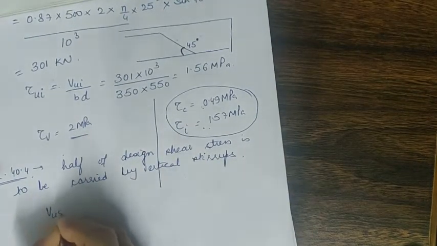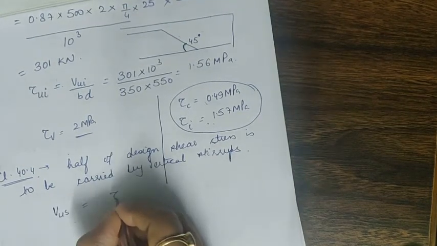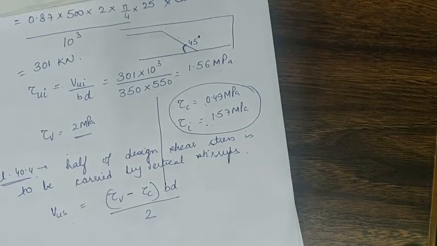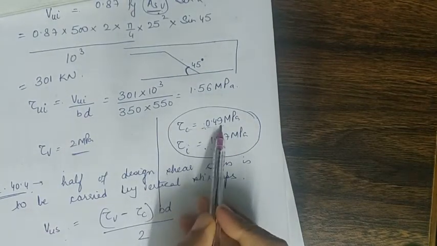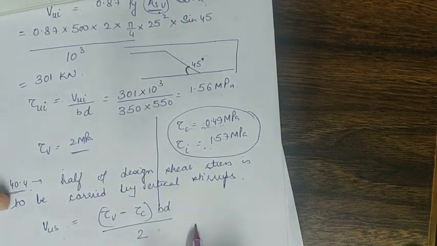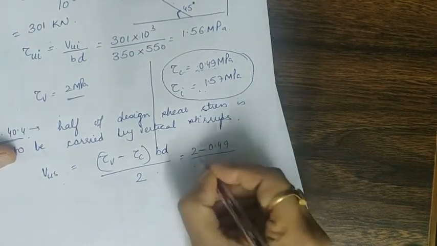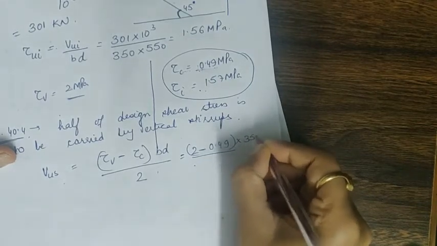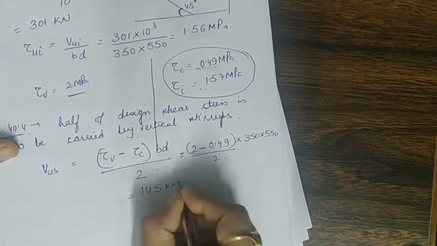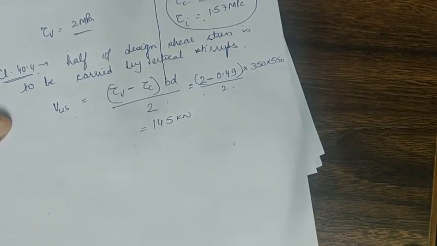So VUS, for which vertical stirrups are required, is tau V minus tau C into BD upon 2. Whatever is the difference between the capacity of concrete and this, at least half of it will require vertical stirrups. That is 2 minus 0.49 into 350 into 550 upon 2. So that is coming out to be 145 kilonewton. So we will have to provide shear reinforcement for at least 145 kilonewton.